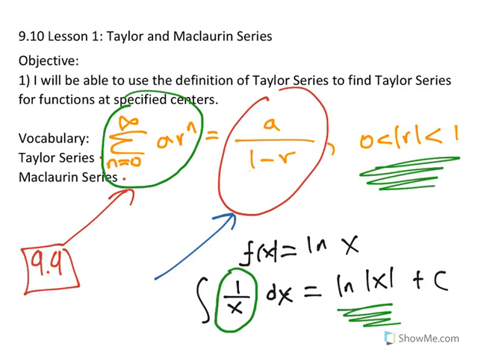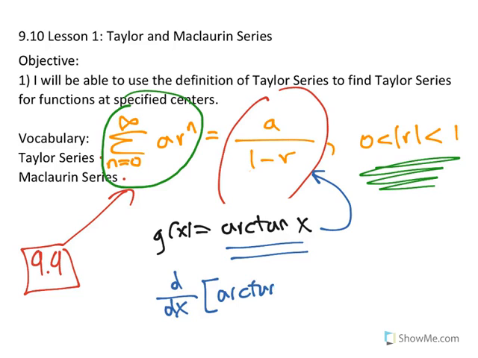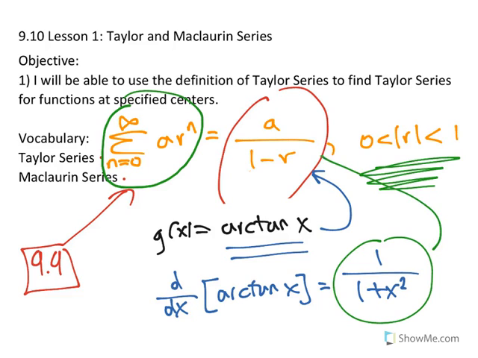In the same way, we were able to do the following problem using similar reasoning. Although the function arctangent of x cannot be written in this form, we recognize that the derivative with respect to x of arctangent of x is 1 over 1 plus x squared, which can be algebraically manipulated to fit this form.